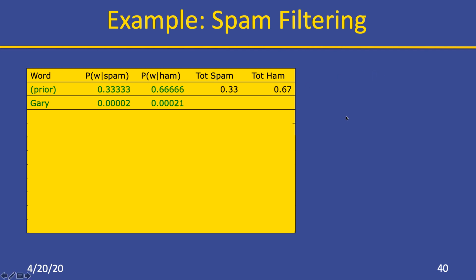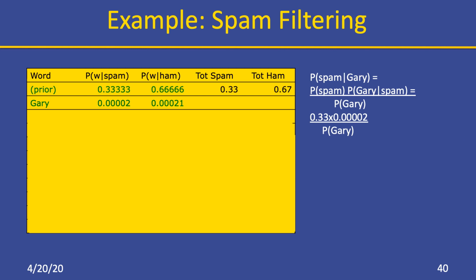So we apply what we know about probabilistic reasoning. Remember, we have a Bayes net here, and we know how to apply probabilistic reasoning to our Bayes net. We know how to conduct probabilistic inference. So what do we have here? We want to calculate the probability of spam given that we have seen Gary. This is our evidence.